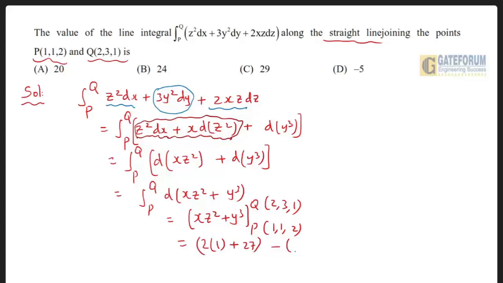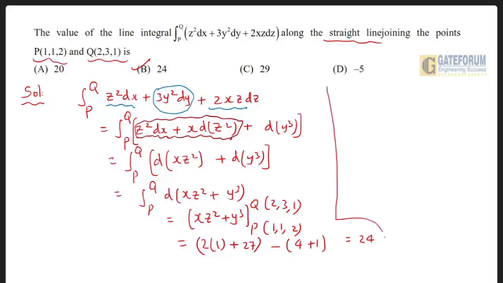Minus, now putting the lower limit, x value 1, y value 1, z value 2: 1 into 2 square is 4, plus y cube, 1. So this is 29 minus 5, 24. So there is the answer, Option B.